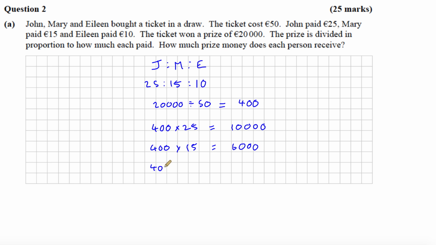And finally 400 times 10, which gives us 4,000. So they're the amounts that each person receives, and this is in euro. And that's John, Mary and Eileen. And that's the end of part A.